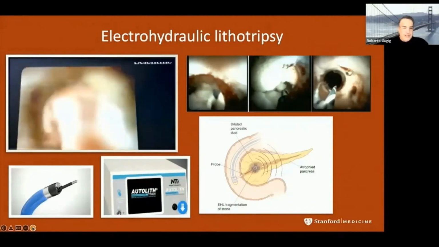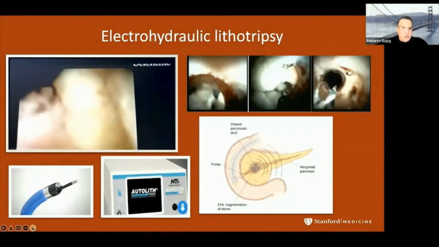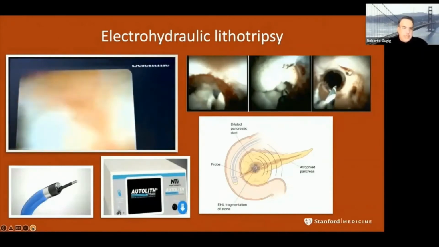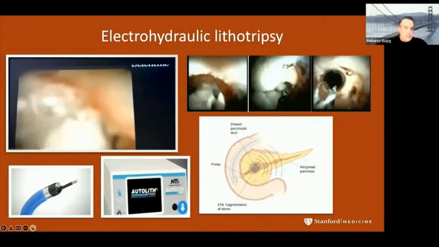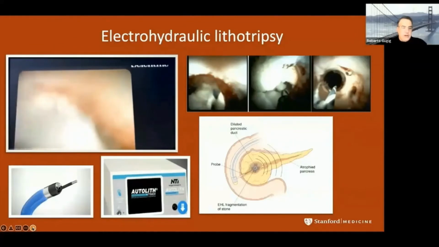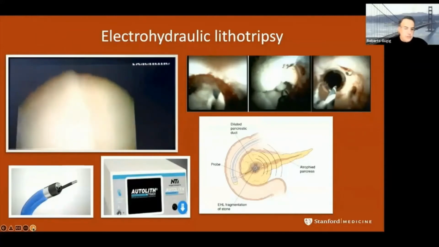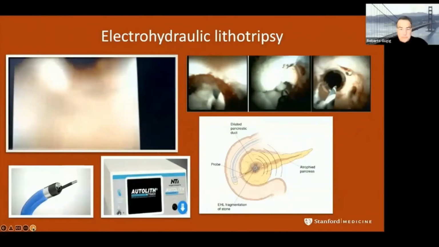So you essentially are fragmenting these stones using the lithotripter in the duct. These flashes that you see there are us actually applying the electrohydraulic lithotripsy, which is what I use the most. There are laser systems, but at least in California, it's kind of a pain to get all the permits to use them. So we use essentially electrohydraulic lithotripsy the majority of the time, and it works fairly well.